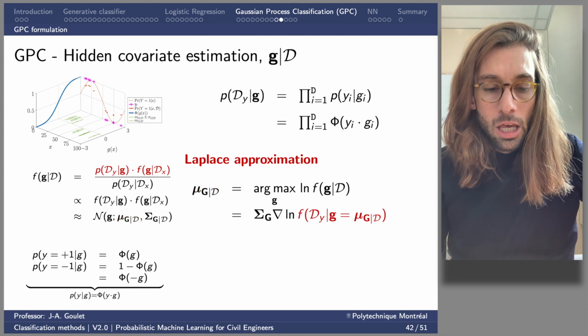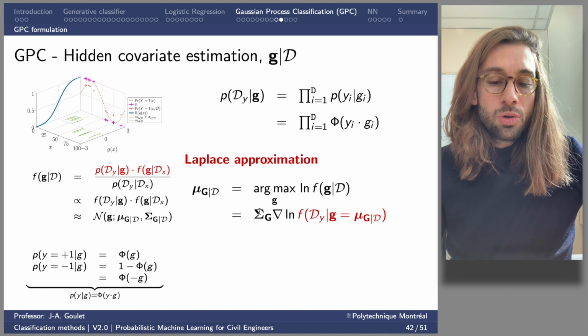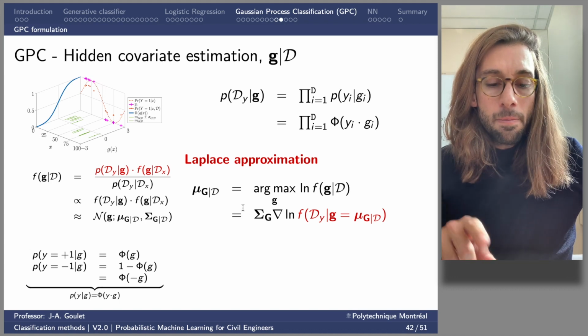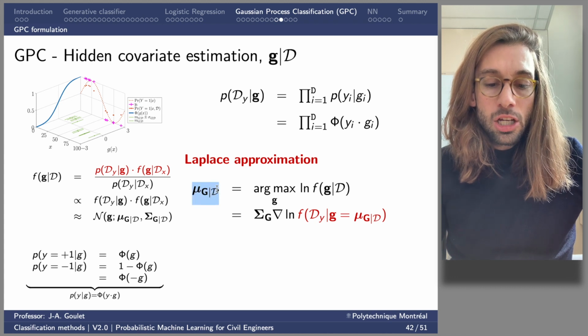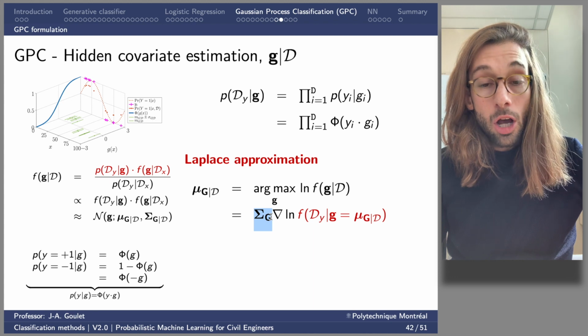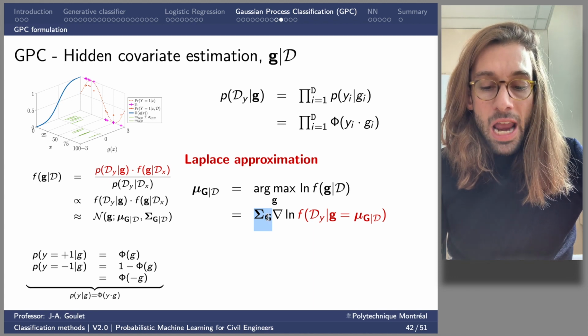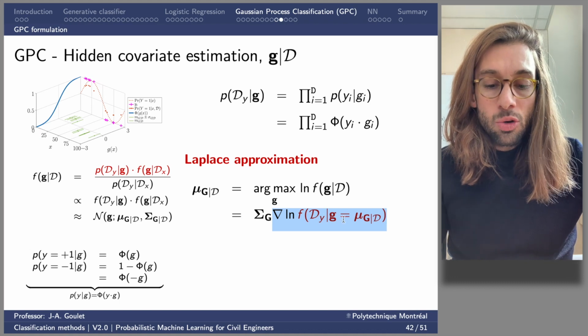And to do this, we're going to use an approach similar to what we did with Newton-Raphson, which is going to give us, in a recursive setup, the new updated value for the expected value: the covariance for my Gaussian process at the observed locations times the gradient of my log likelihood, okay? And this is a recursive estimation.